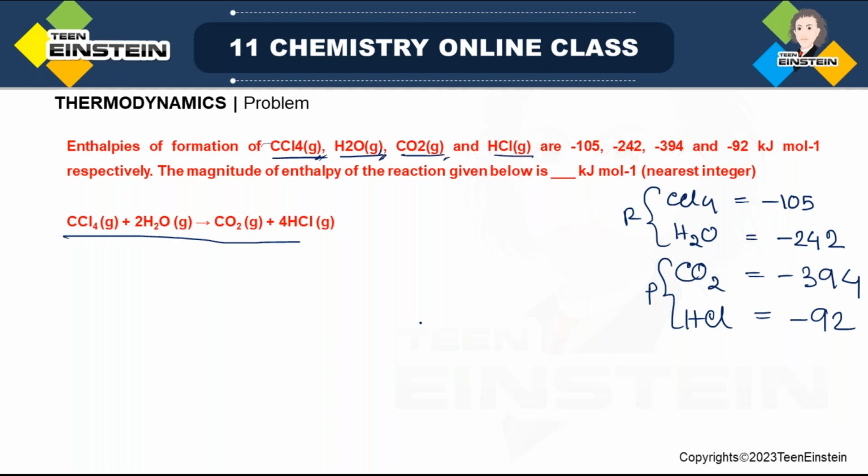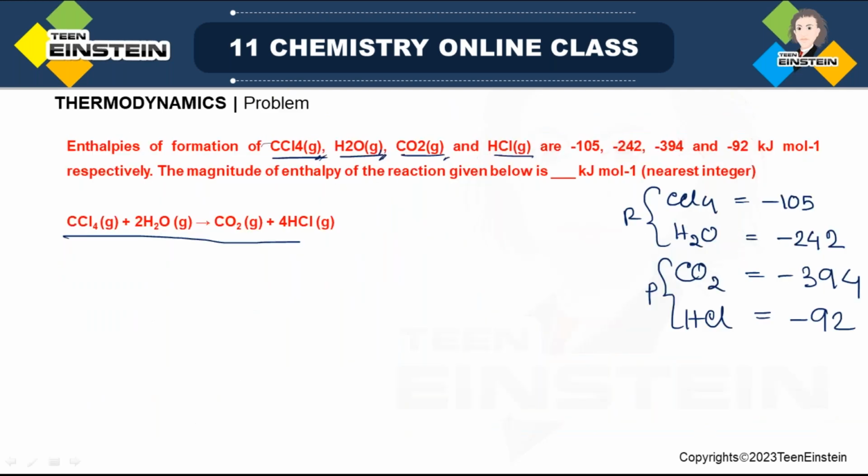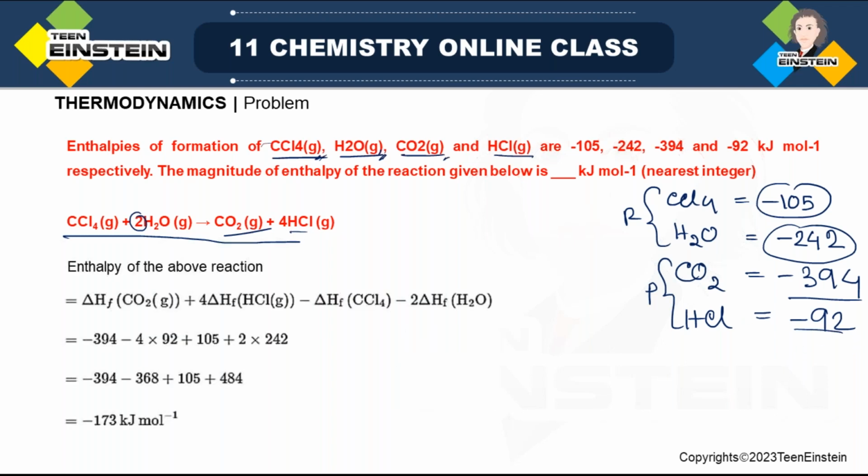We will put them in this previous equation, and then you will be able to get the answer. Okay. So the summation of the enthalpy of formation of products will be minus 394 and 4 into minus 92, since there are 4 HCl. Then minus, for the reactants, minus 105 and 2 into minus 242, because there is the coefficient 2.